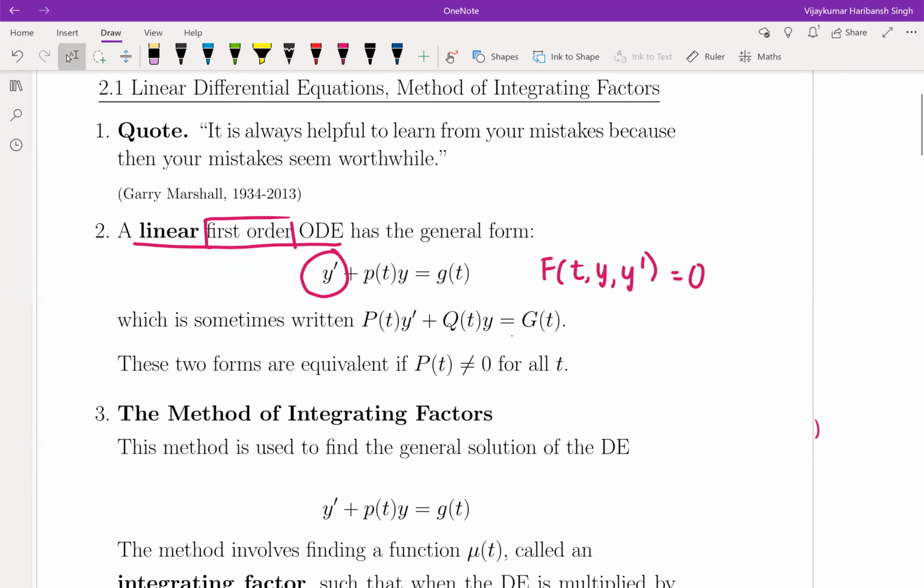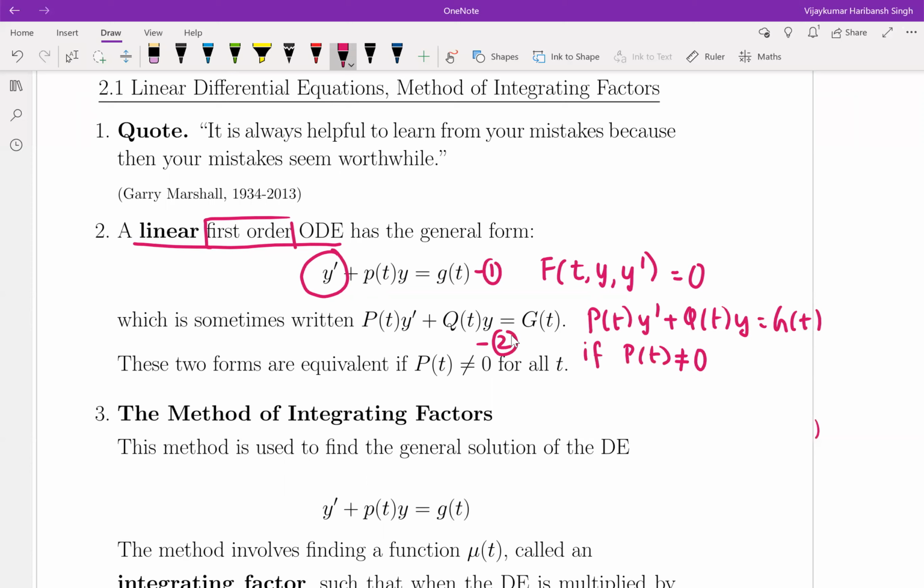Now note that sometimes it can also be written in the following form: P of t y prime plus q of t y equals g of t. And note that these two, 1 and 2, are equivalent if P of t is not 0. If P of t is not 0, you can divide throughout by P of t on equation 2, and you get y prime plus q of t y divided by P of t equals g of t divided by P of t.